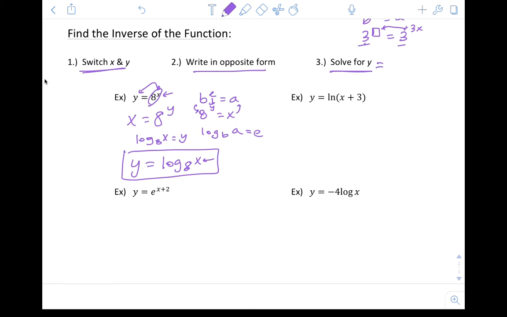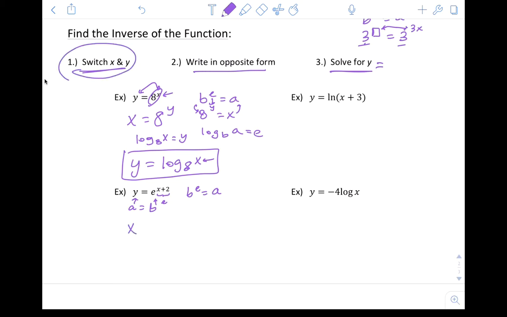Let's try another BIA. So the base is e, the exponent is x plus 2, and the answer is y. Except step 1, my bad.